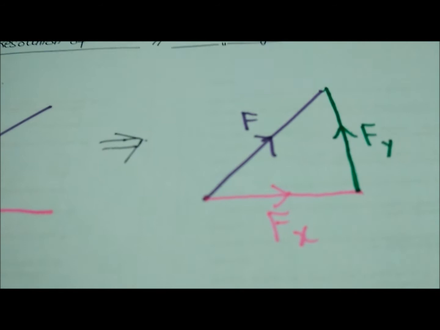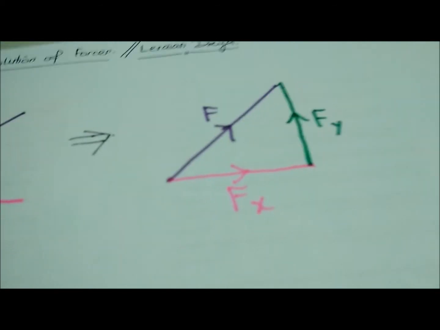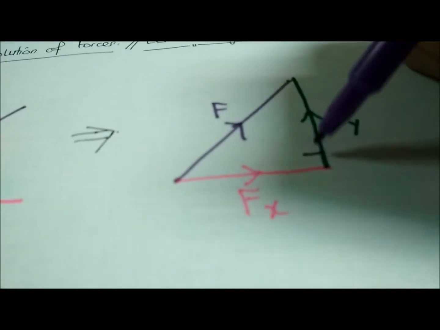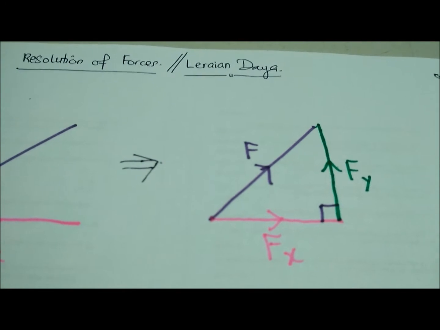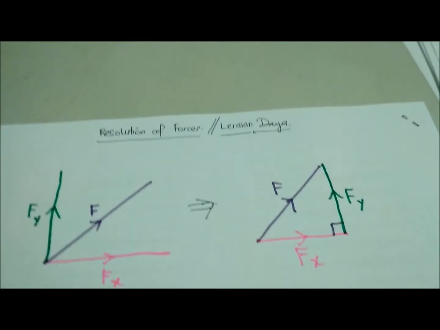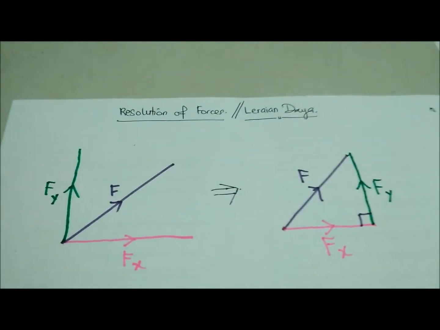Why is it a right angle triangle? Because you can form a 90-degree triangle. So this is resolution of force.